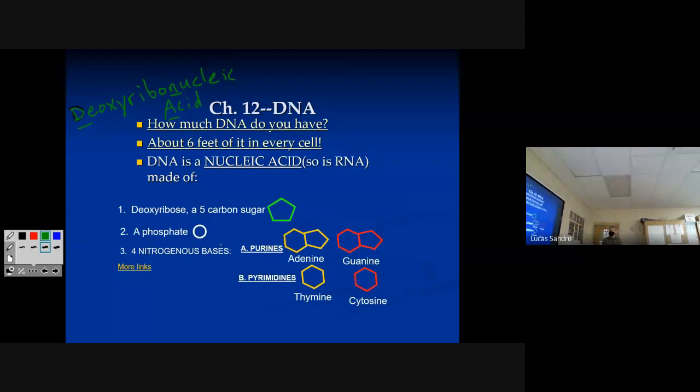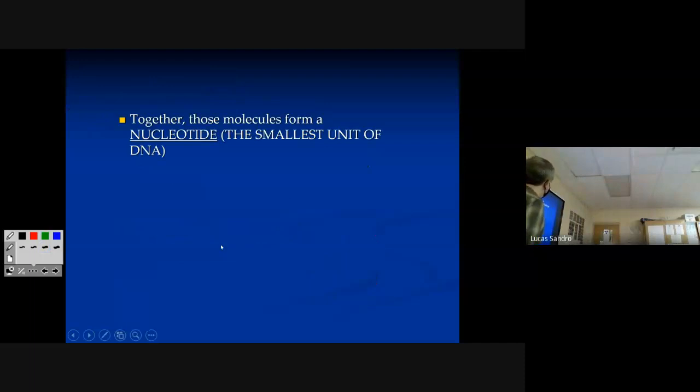By putting them together the right way, the right things have to be bonded to the right things. At this point, we are talking about covalent bonds, electron sharing type bonds. In one nucleotide, everything is covalently bonded to everything else. So one nucleotide, the smallest unit we can call DNA, looks like this. We got the phosphate bonded to one end of the deoxyribose.